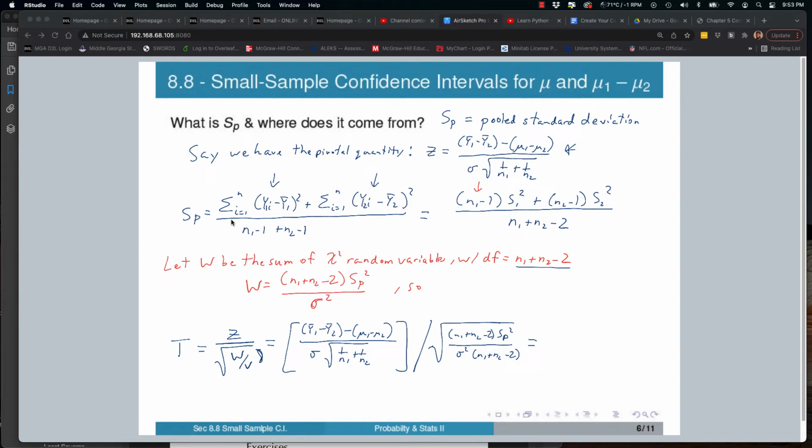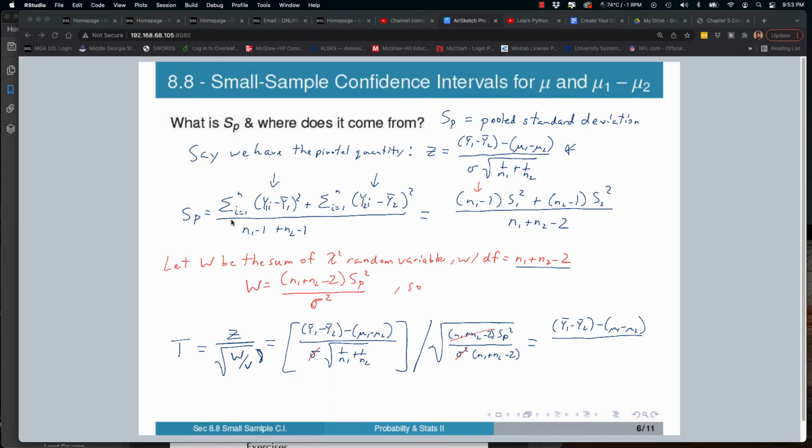So when we simplify this, we get the actual t-score value for a t random variable, which becomes y bar sub 1 minus y bar sub 2 minus mu sub 1 minus mu sub 2, all divided. Some things cancel out on us. The sigma squared cancels out with this sigma here. If we take the square root of sigma squared and pull it out, those cancel each other out.